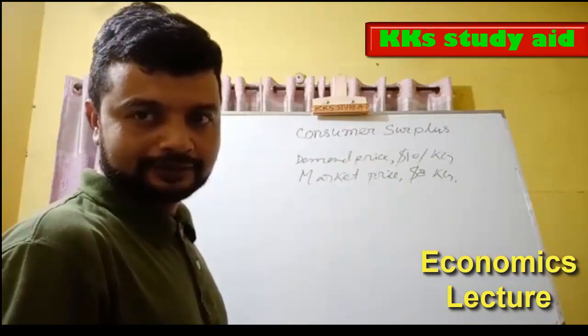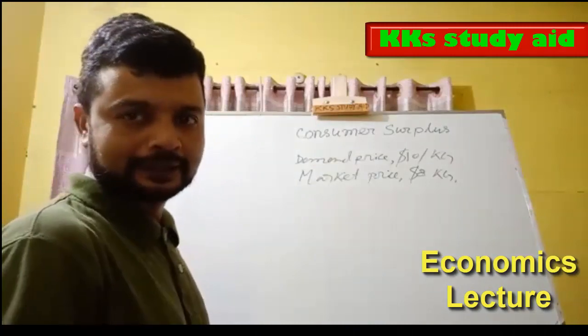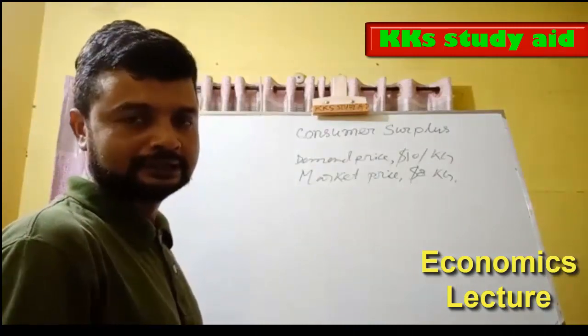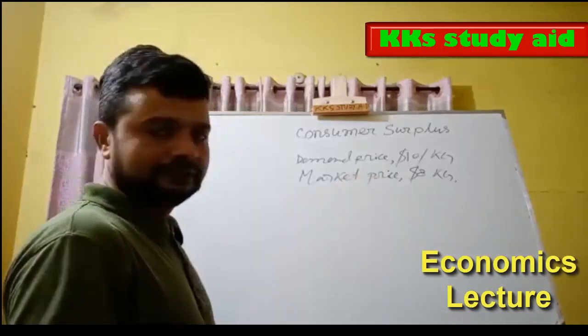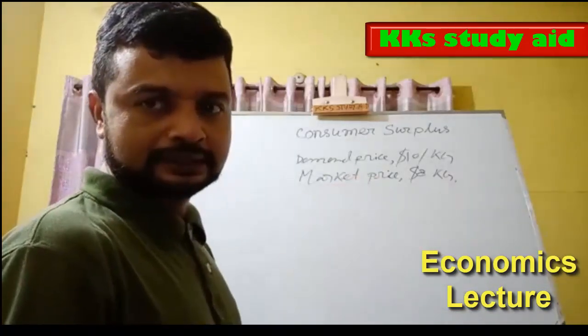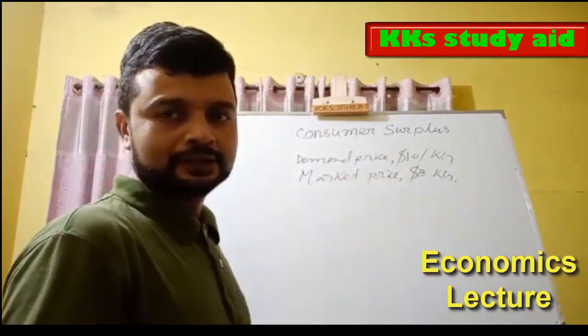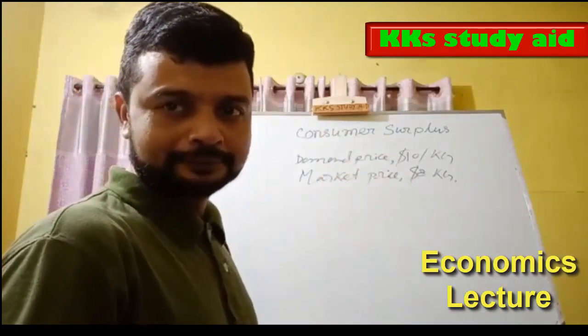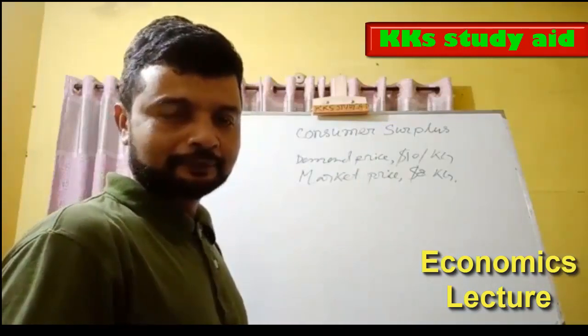Obviously there will occur consumer surplus here, but how much consumer surplus will the consumer enjoy in this case when he purchases a kg of this commodity? We can say that the consumer surplus here will be $2 per kg.